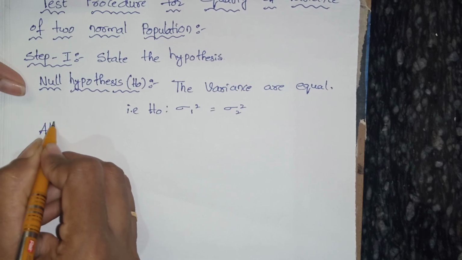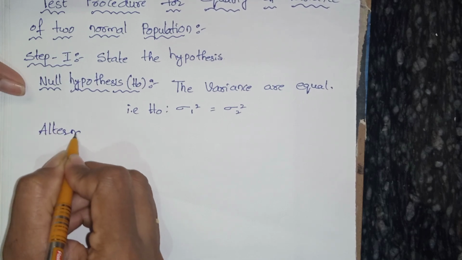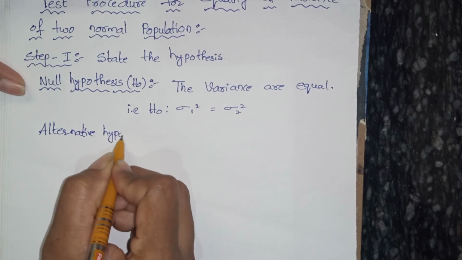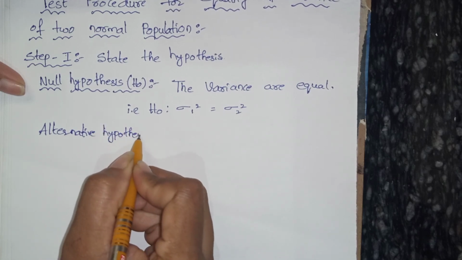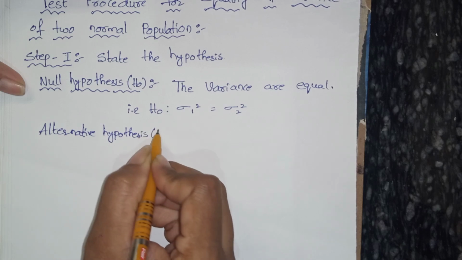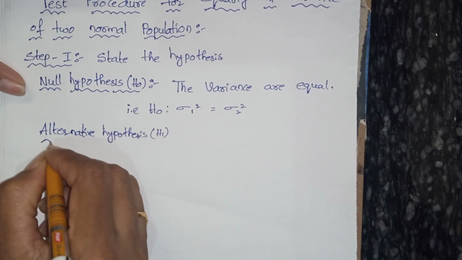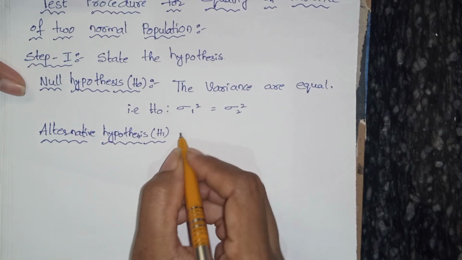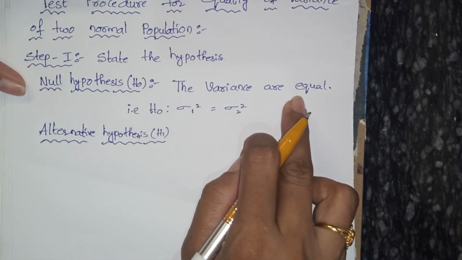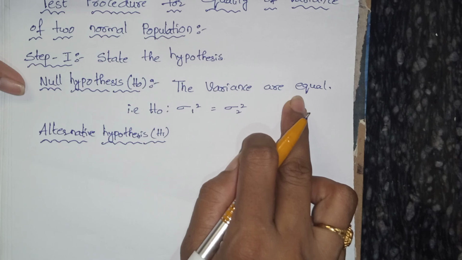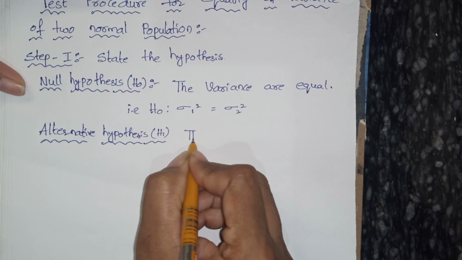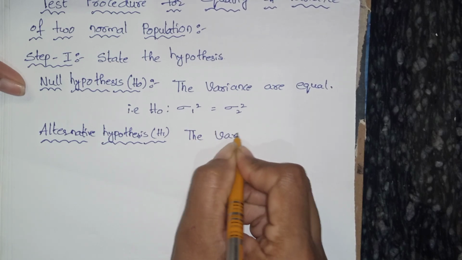What is the alternative? The alternative is opposite to the null hypothesis, or we can say it is a controversy for the null hypothesis. The null has equal, so here we take not equal.